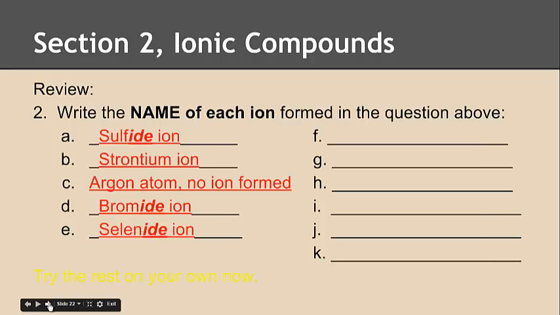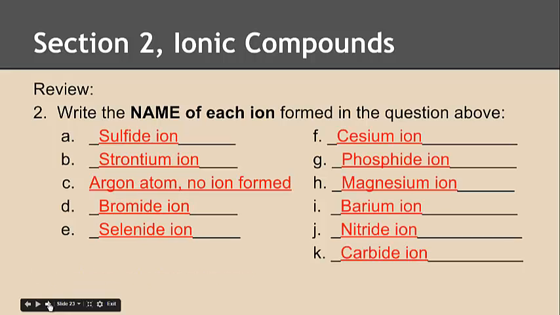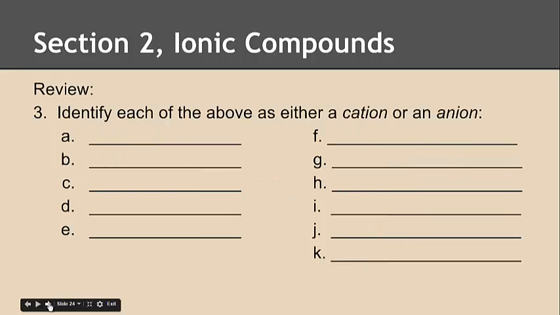And here is A through E. Again, with the metals, watch it should be ide. Argon is a noble gas, so it does not form ions. Go ahead and try F through K. And now F through K look kind of like this. Continuing, number 3, identify each as a cation or anion.